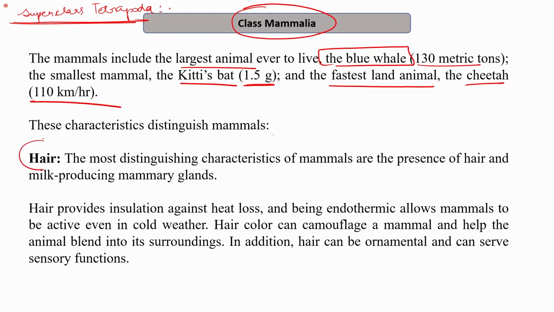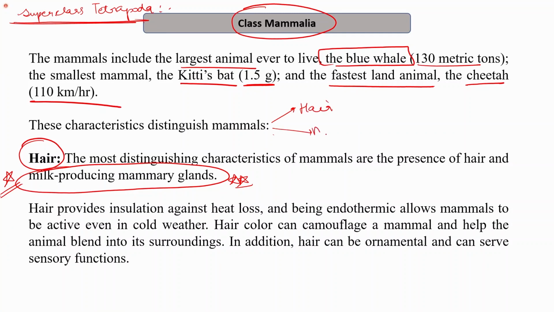Now there are certain distinguishable characters of the mammals. For example, one of the very important characters is the hair. And the second most important character is the milk producing mammary glands. So in class Mammalia, a very important character is the presence of hair. The second is the presence of the mammary gland.